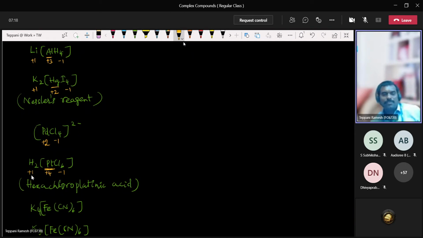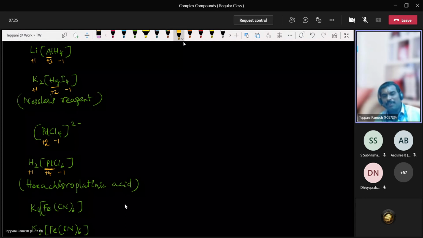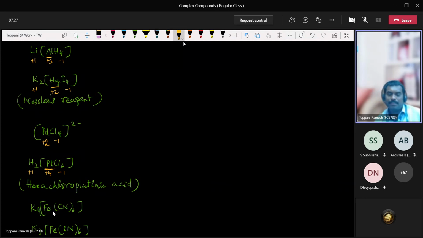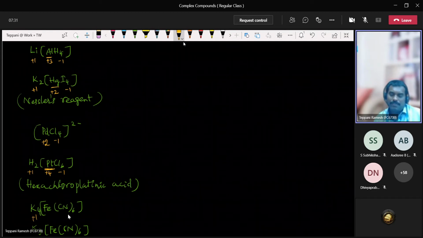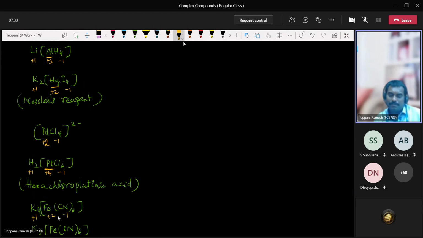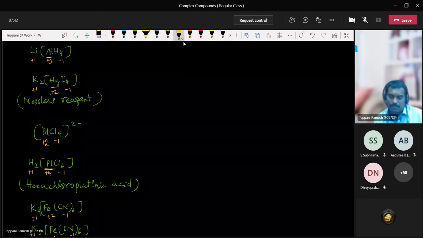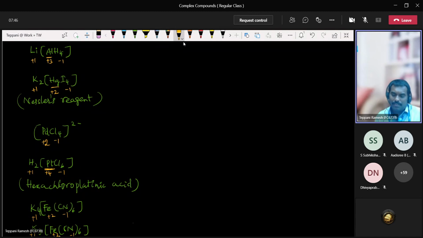The summation of the oxidation states should be equal to 0 for a neutral species. Hexachloroplatinic acid is its familiar name. Here this is +1, this is -1, so this is +2. Sorry, this is +3.